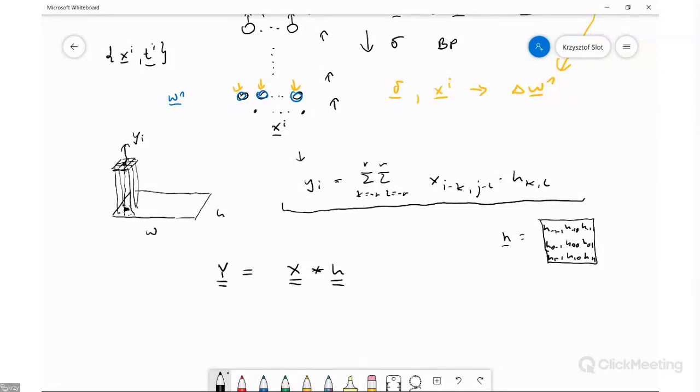The second thing is I can use a stride. That means I can produce output that will have a reduced size, for example, by 2 in the horizontal direction and by 2 in the vertical direction if my stride is the same and equal to 2 along both axes.